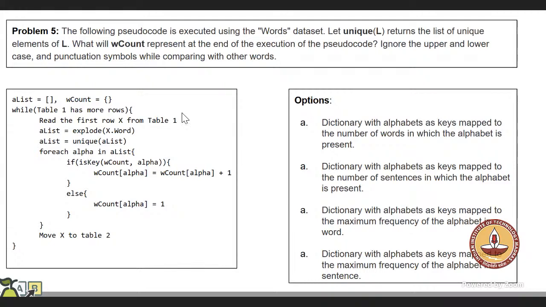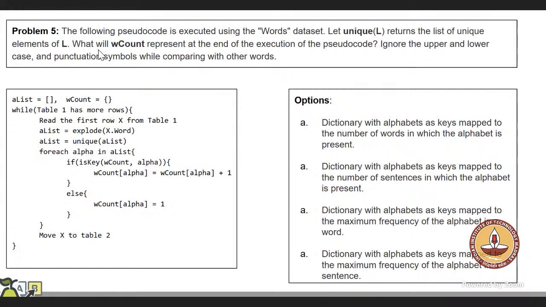Unique of L will return the unique alphabets or elements of that particular list. Let unique of L return the list of unique elements of L. The unique procedure will return the unique elements of whatever list we are passing.